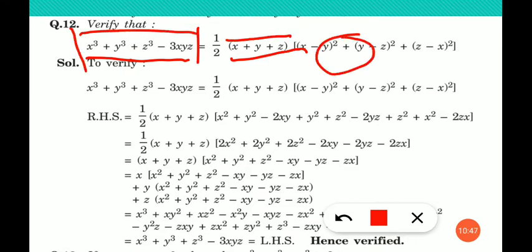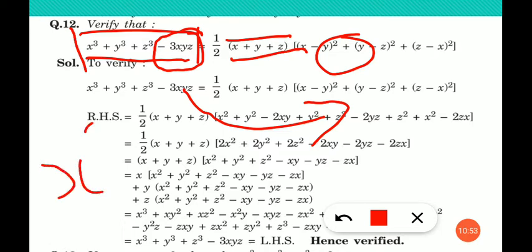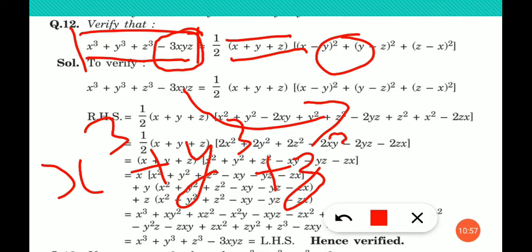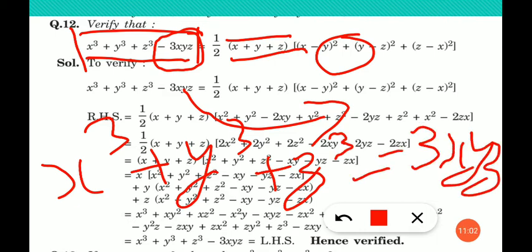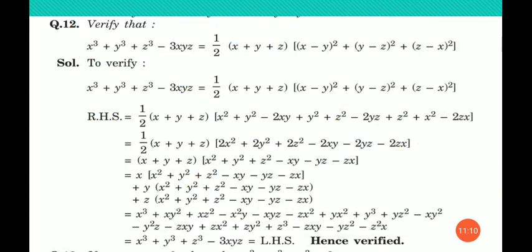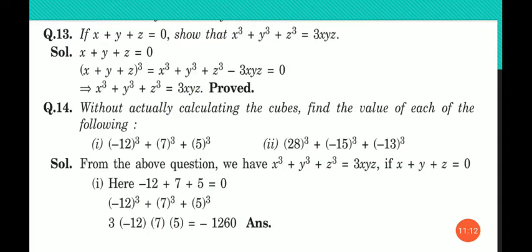Then we will shift minus 3xyz from left side to right side, and it becomes x cube plus y cube plus z cube is equal to 3xyz. Got it? Okay. So you can solve question number 13 also.